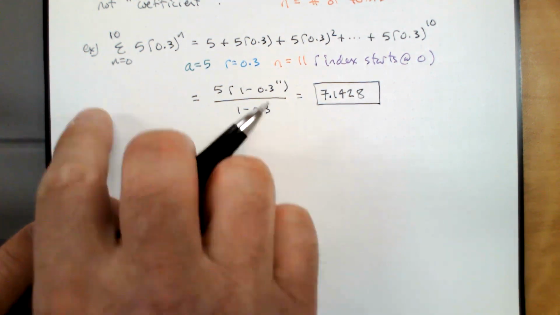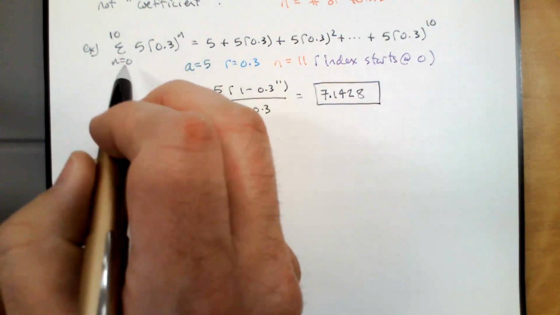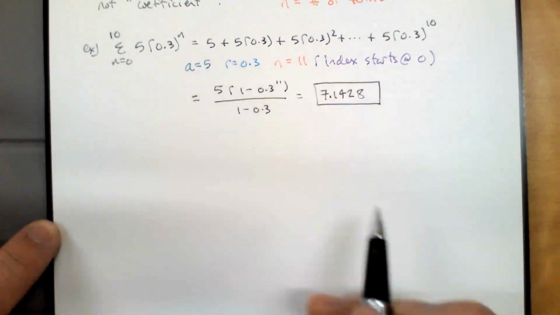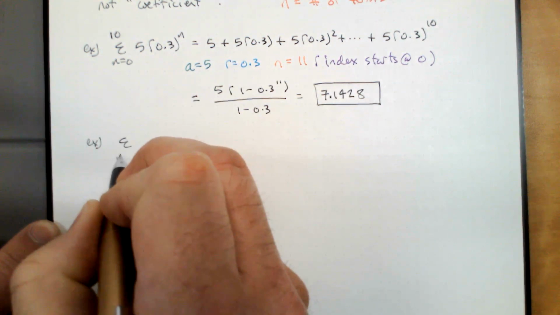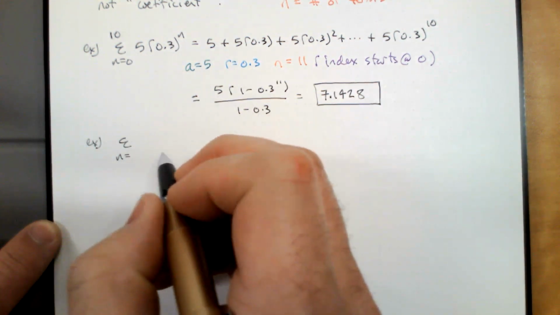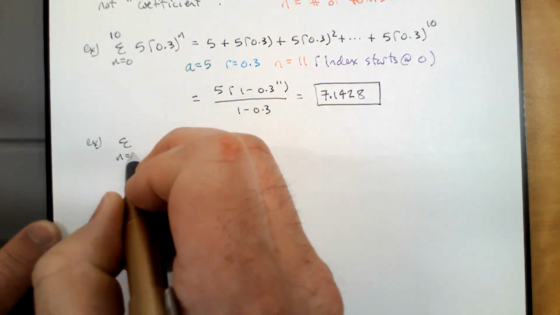So notice the difference between this series where the indexing starts at 0, and so the first term is 5, and let's say starting off at 2.